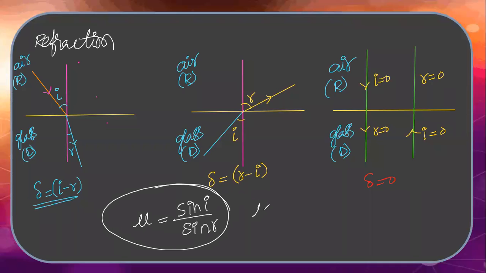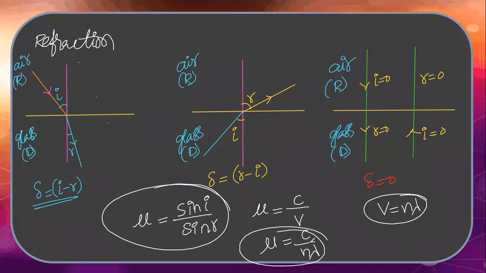Or refractive index mu is equal to the speed of light in air or vacuum to the speed of light in a medium. The speed of light in a medium, V, is equal to n lambda, we may write. So refractive index mu is equal to C divided by n lambda.